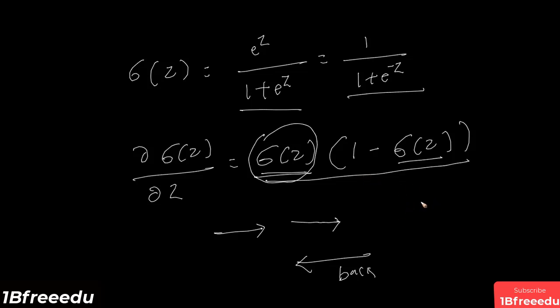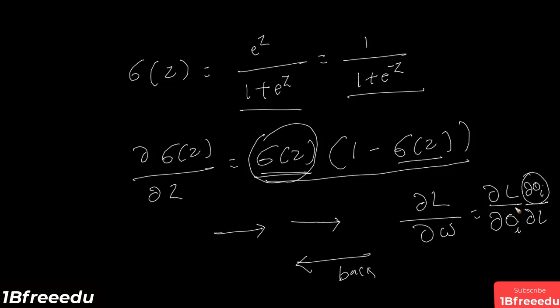If you remember, we were saying the derivative of loss with respect to w is equal to the derivative of loss with respect to some output, O_i, and then the derivative of O_i with respect to w. So this O_i is nothing but the output of the activation function, because this output is coming out from the activation function.